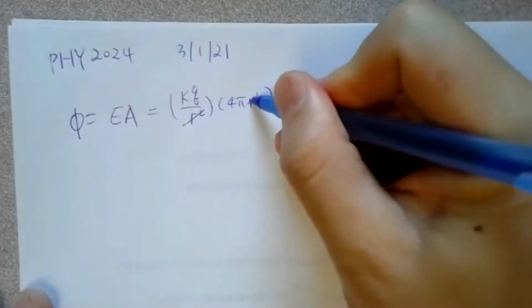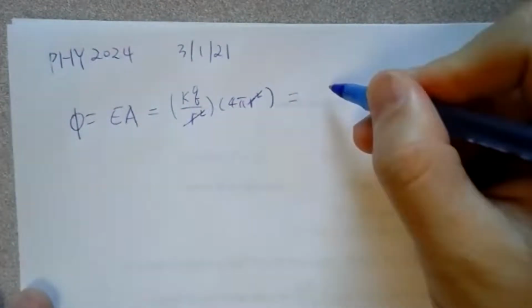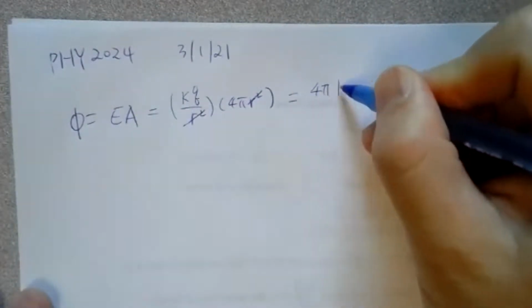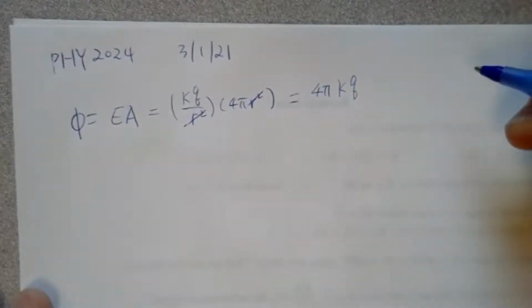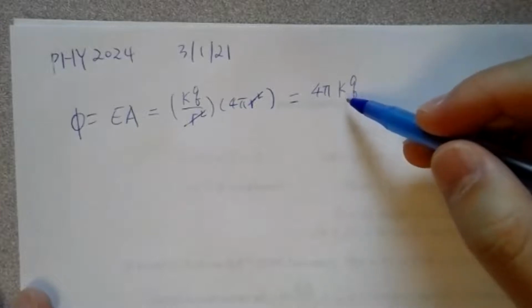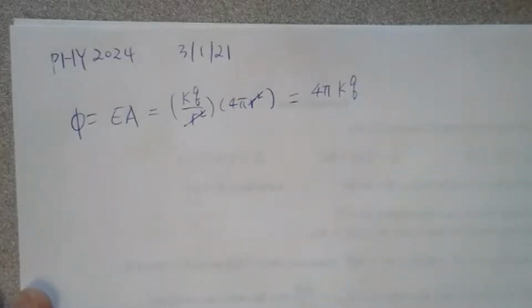And then R squared and R squared will cancel out, so you'll have 4 pi K times Q, all right? Now, for the K here, you can see K is related to epsilon naught.